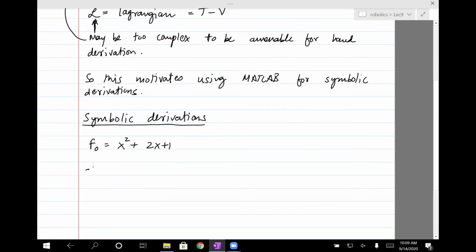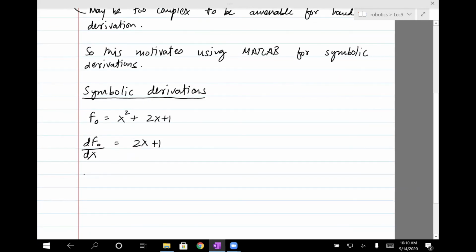If you take the derivative of f with respect to x, and this is the complete derivative, so it's d and not partial, it equals 2x plus 1. Sometimes you need to find the value of df/dx at x equal, let's say, 1. Then you can see that it's simply 2 times 1 plus 1, which is 3.